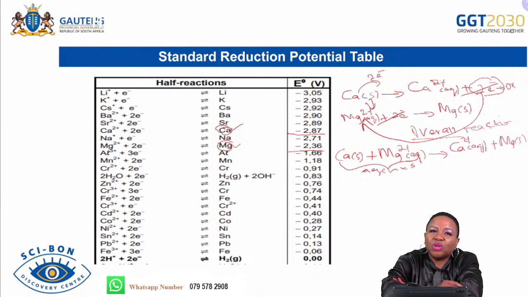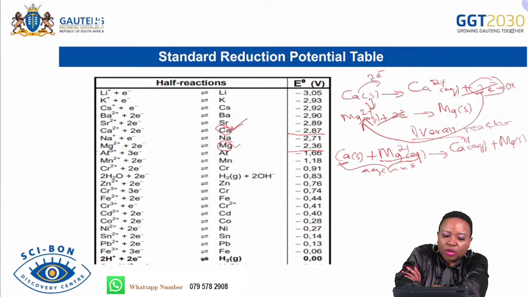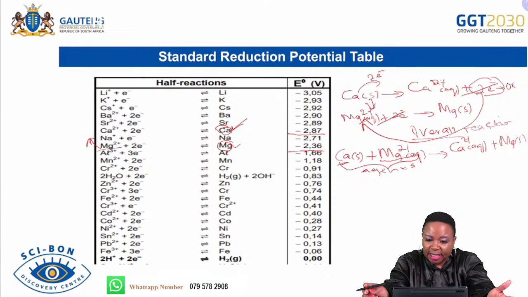The one in which the oxidation number decreases will undergo reduction. When you look at calcium, you can see that calcium is on the side of the reducing agent. Magnesium 2 plus here is on the side of the oxidizing agent. So you can also use the table after writing your overall reaction to check whether that substance is an oxidizing or a reducing agent.